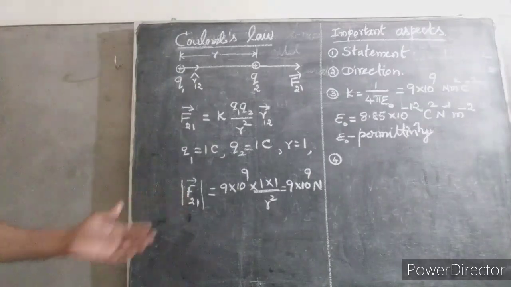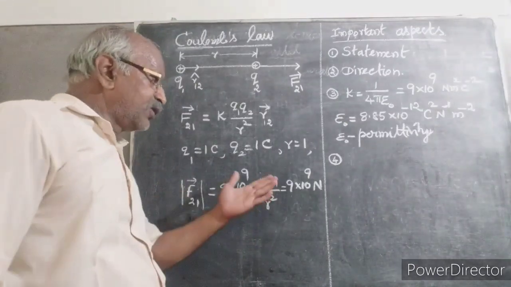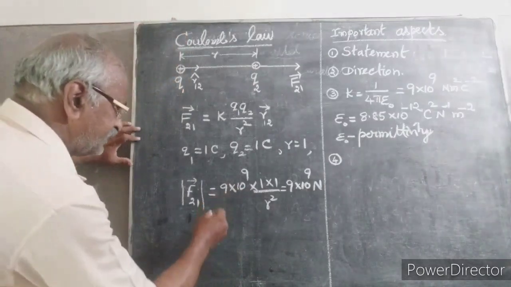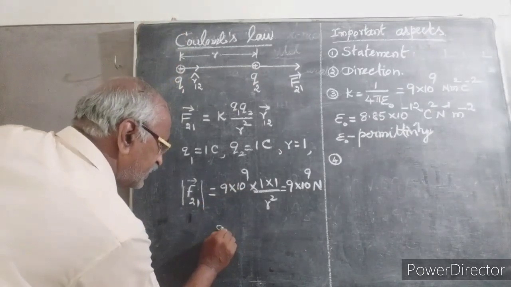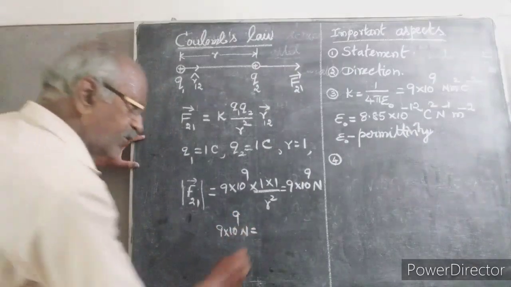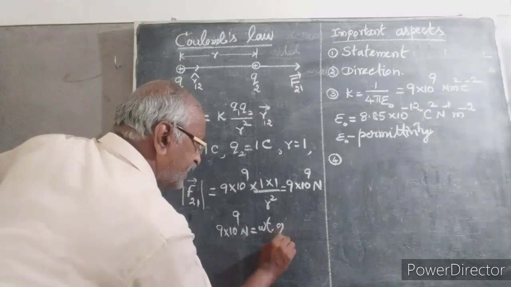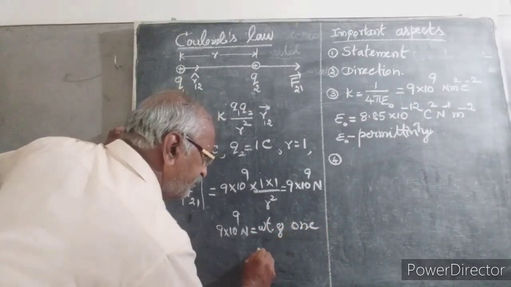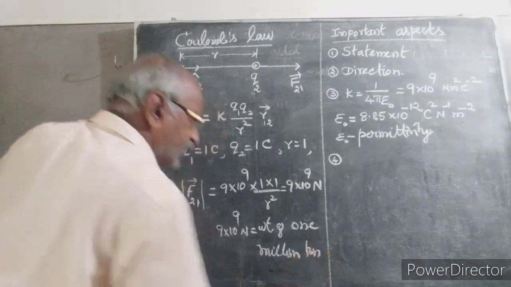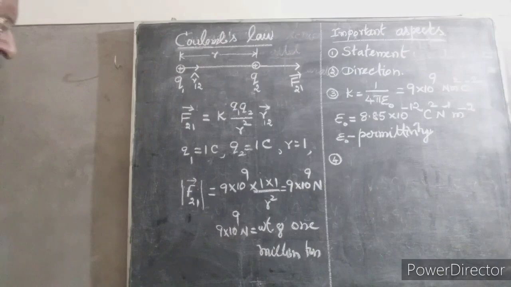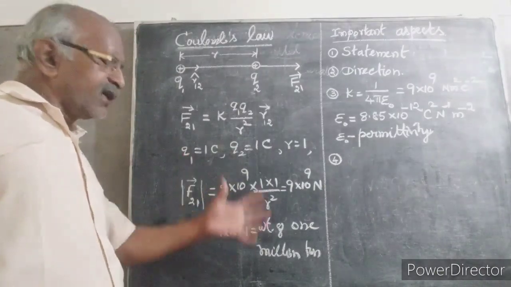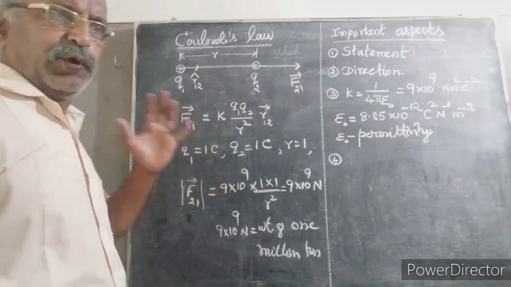This is a very huge force, equal to the weight of 1 million ton. 9 into 10 power 9 Newton is almost equal to the weight of 1 million ton. Such huge force cannot exist, and therefore the charges will not be of the order of Coulomb.